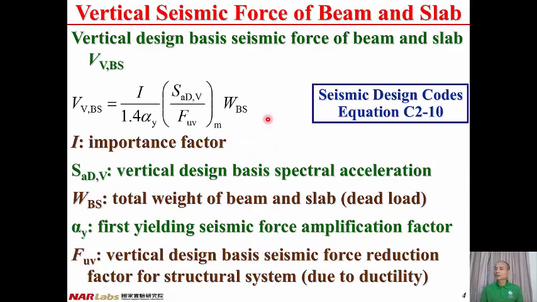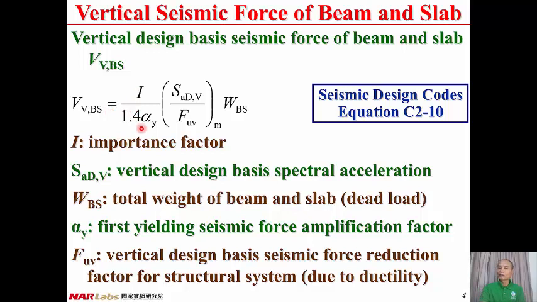According to Seismic Design Code Equation C2-10, we can determine the vertical design basis seismic force for the beam and slab, VVBS. V is the seismic force, and the subscript V here is the vertical component, and BS is the beam and slab.